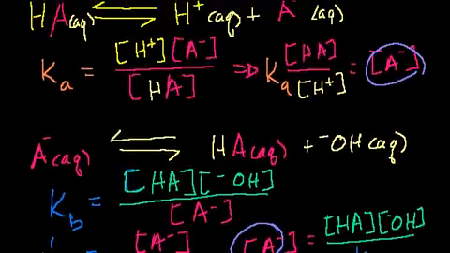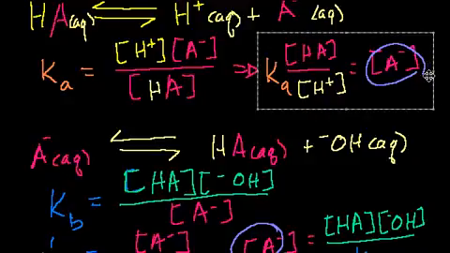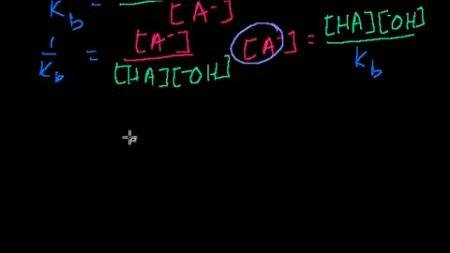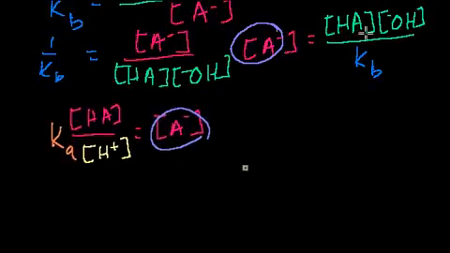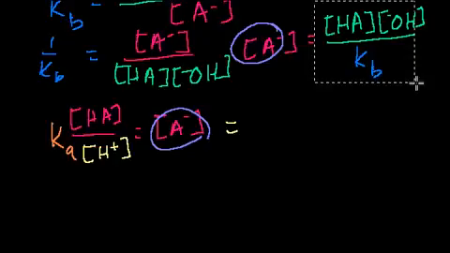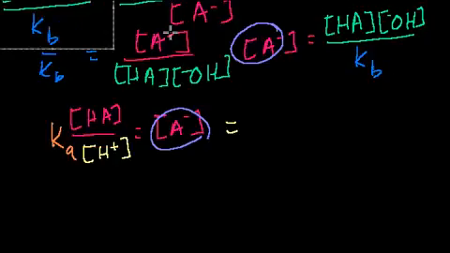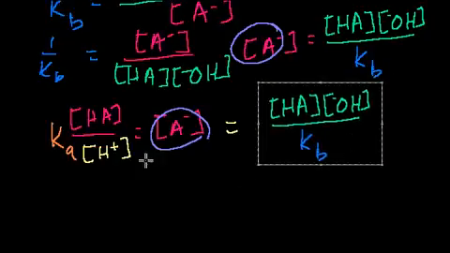So I'm saying that this thing is equal to this thing right here. That's equal to that. So let's see if we can find a relationship between Ka and Kb.